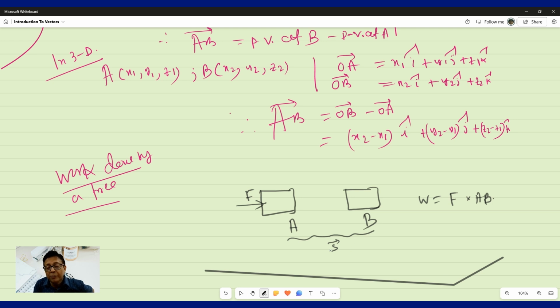Suppose on this object we have taken the body here, a force is acting this way, F. Body is displaced from A to B. Then how to find the work done? This angle theta, we will take the effective component in horizontal direction, F cos theta. F sin theta has no role to play. If you say that no, I'll resolve it, do it, no problem.